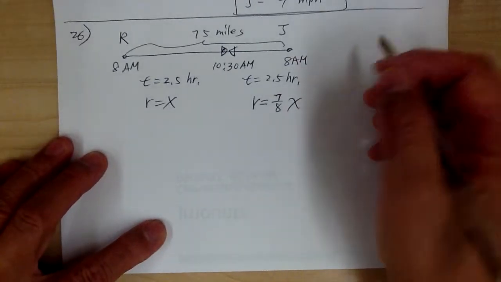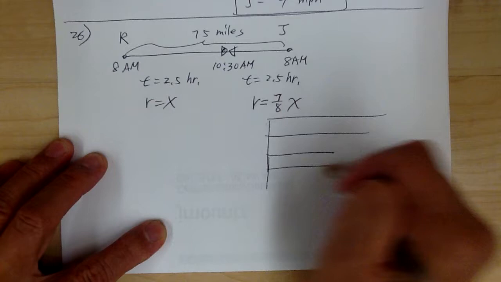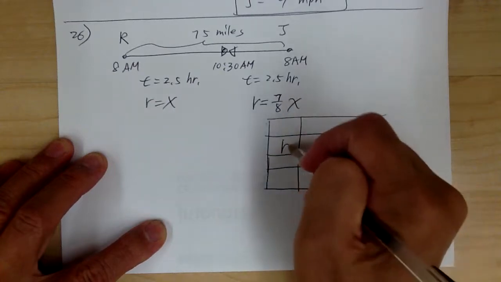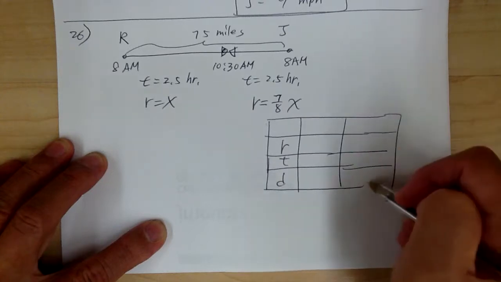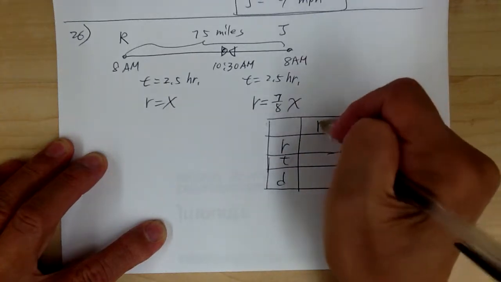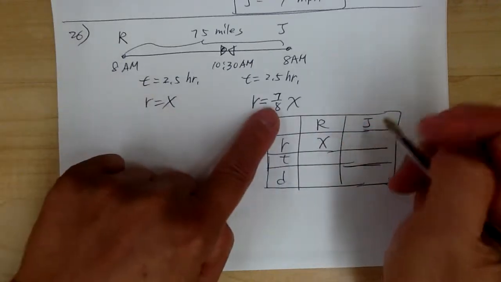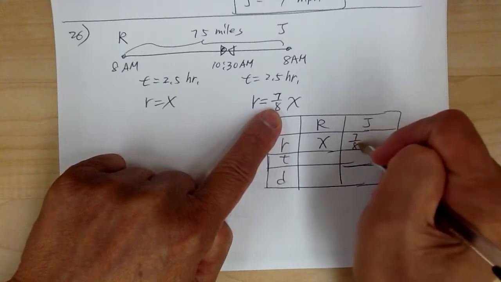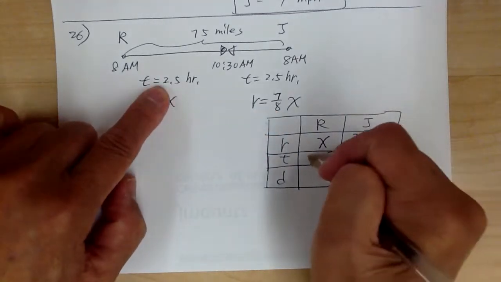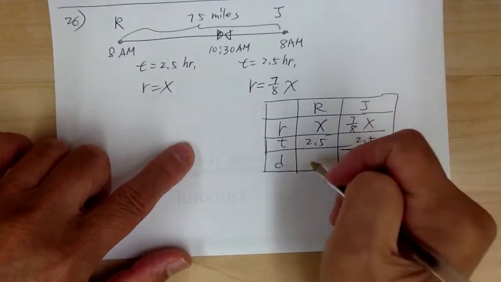Okay, so let's go and make a table. So R times time equal to distance. So this is Rebecca and this is Jill. So Rebecca, the speed is x. This one 7/8. Okay, let's go and leave it as 7/8. The time is 2.5, and the distance you don't know.